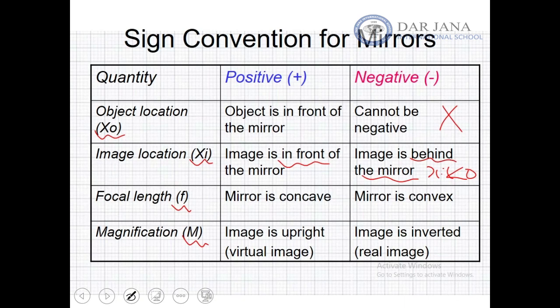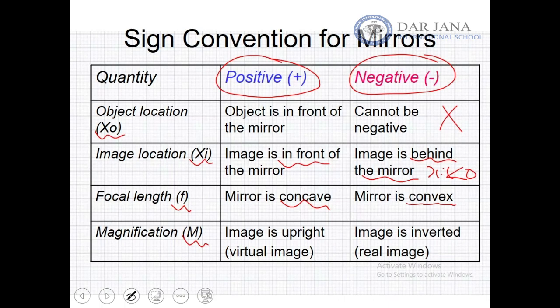So the focal length is positive in a concave mirror and it's negative in a convex mirror. Once you know that the mirror is concave, the focal length will be positive, and if the mirror is convex, the focal length is said to be negative.